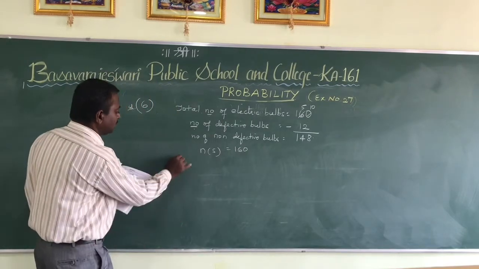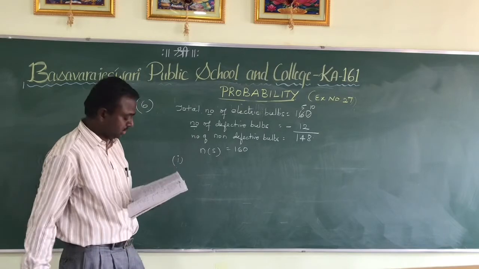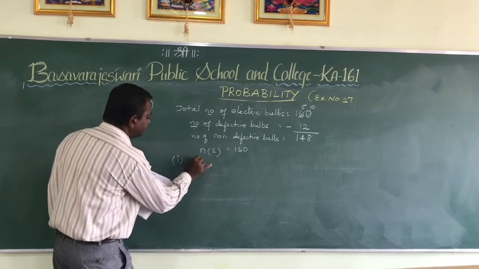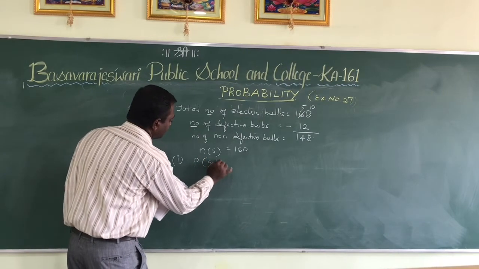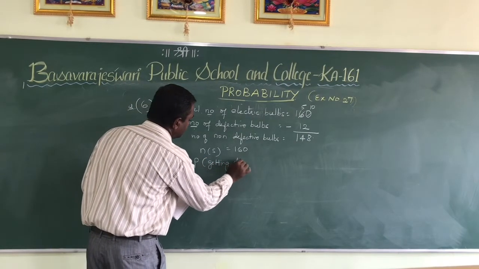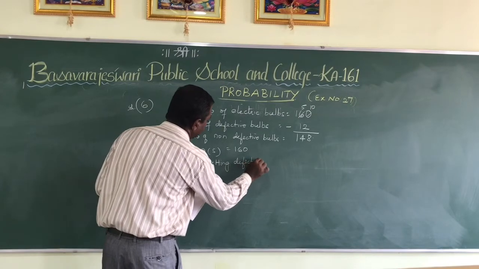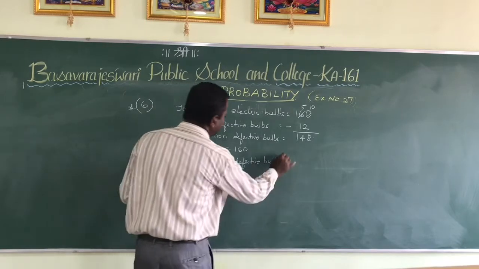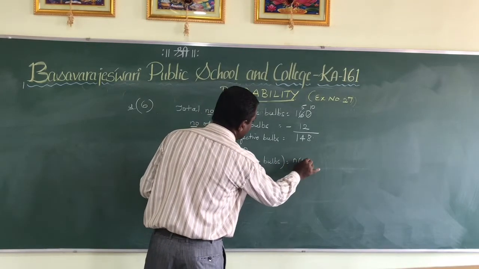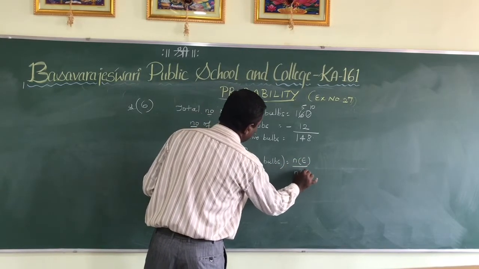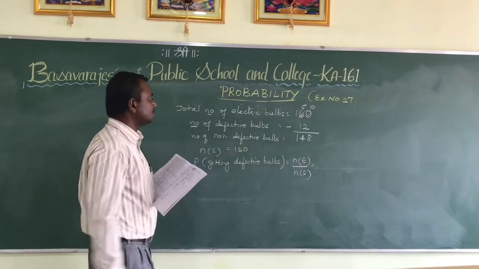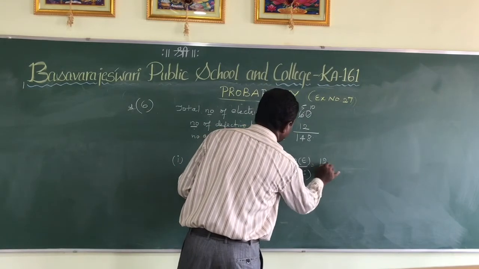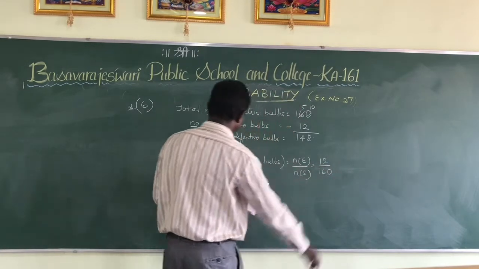So now first question, what are they asking us to do in the first question? Probability of getting defective bulbs, that is n of E by n of S. So how many defective bulbs are there? 12 bulbs are there. 12 by 160.